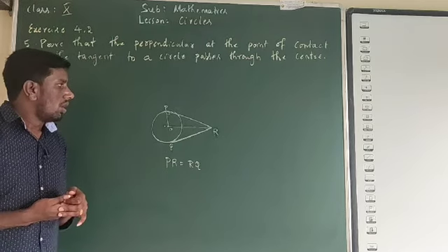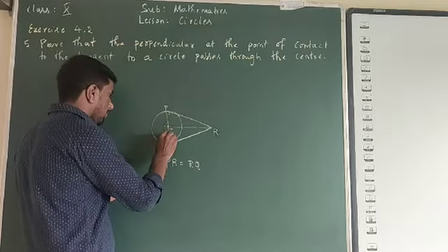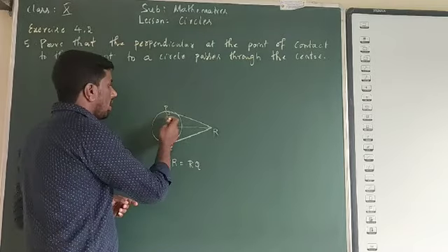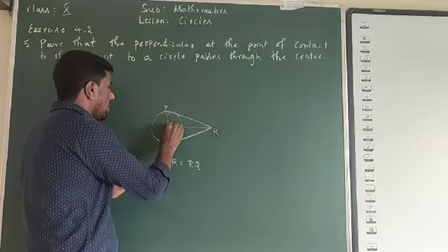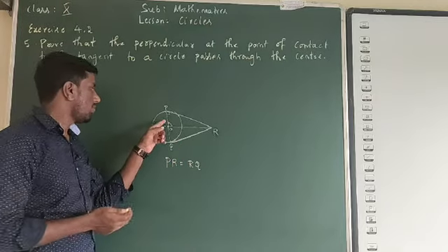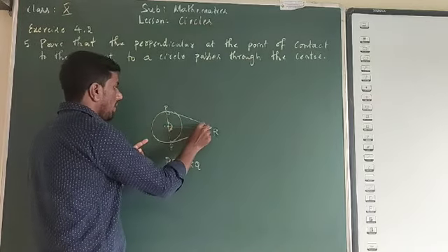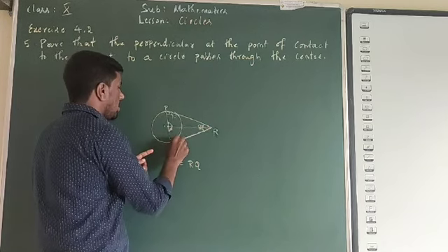Based on this concept and the concept of congruency, we need to find this angle. I have explained in the third question how to find that. First we need to find this total angle. We are given this angle as 80 degrees, and we know that this is 90 degrees and this is 90 degrees.